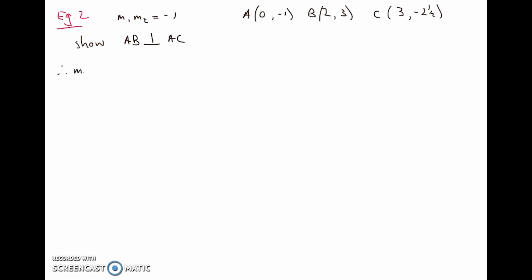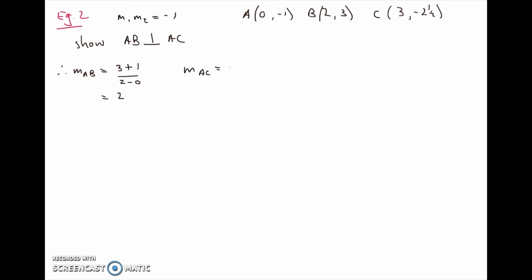So the next step is to work out the gradient of AB. So using y2 minus y1 over x2 minus x1, we have 3 plus 1 over 2 minus 0, which is 4 over 2, which is 2.